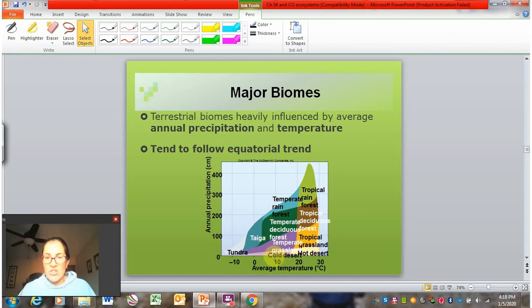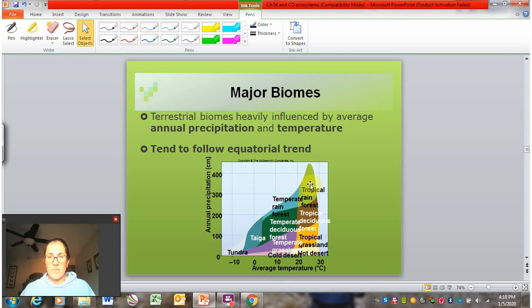When you have average temperatures between here and here, and precipitation between here and here, that is classified as a temperate deciduous forest. So this would be places on the East Coast, places like Tennessee, North Carolina, have temperate deciduous forest as their dominant biome.